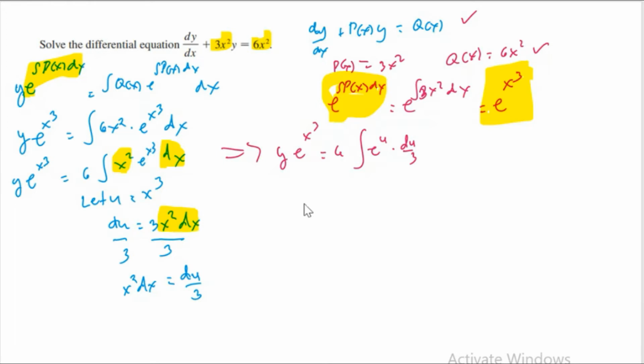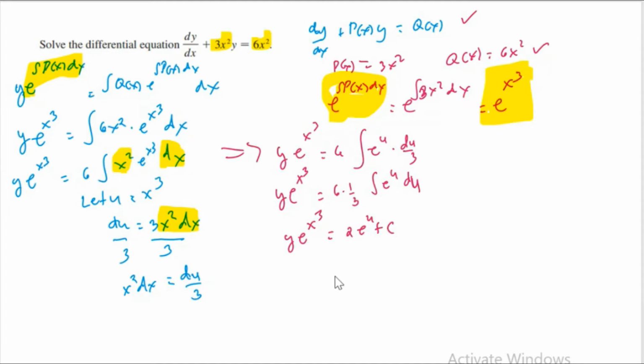So writing now the numerical coefficient outside the integral sign, we can write y e raised to x cubed is equal to 6 times 1/3 the integral of e raised to u du. So our integral now is very easy to integrate. Therefore, we can now simplify our answer as y e raised to x cubed is equal to 6 times 1/3, which is 2, and the integral of e raised to u du is e raised to u plus a constant.